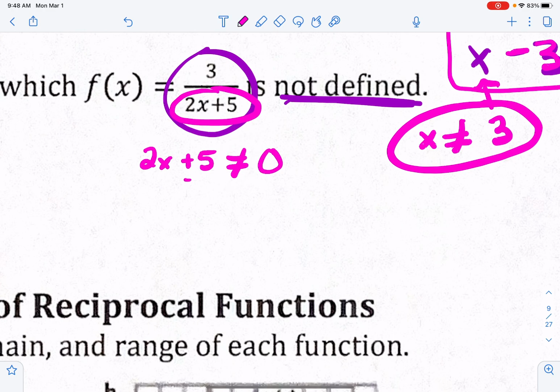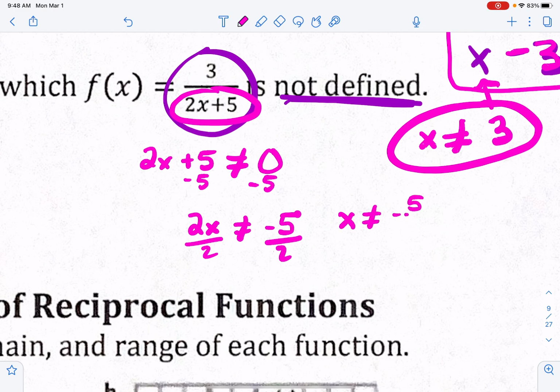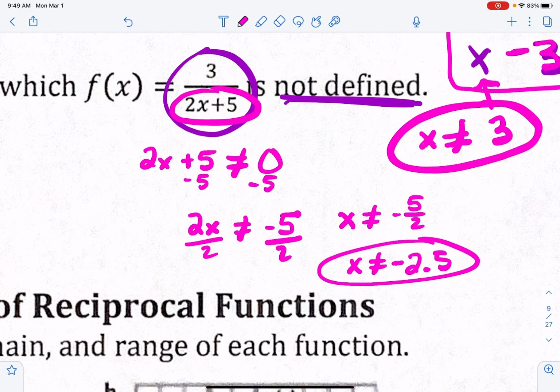I'm going to subtract the 5 over, and then 2x cannot be equal to negative 5, and then divide by 2. So x cannot be equal to negative 5 over 2, or if you don't like writing fractions, negative 2.5. So that's where we say x is not defined. x cannot be equal to negative 2.5.